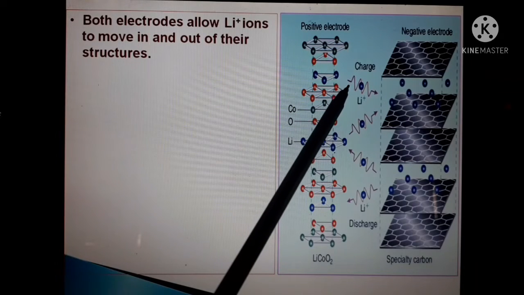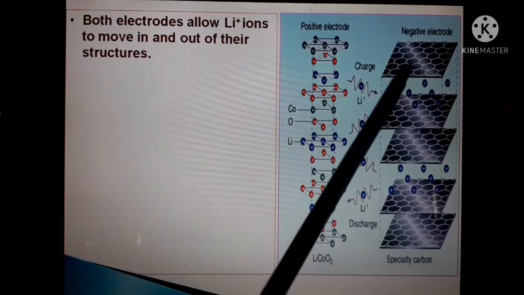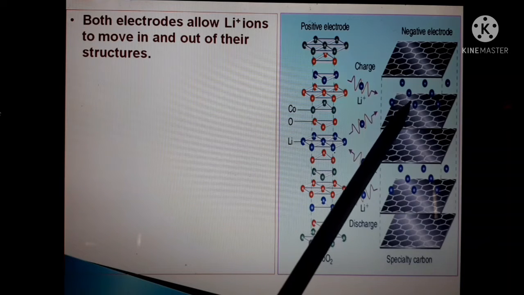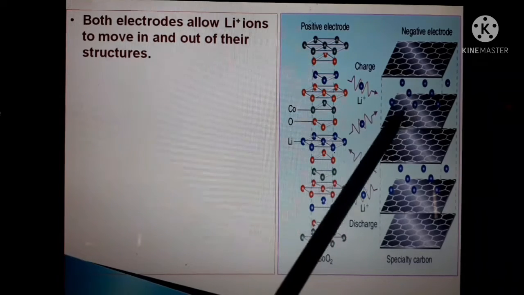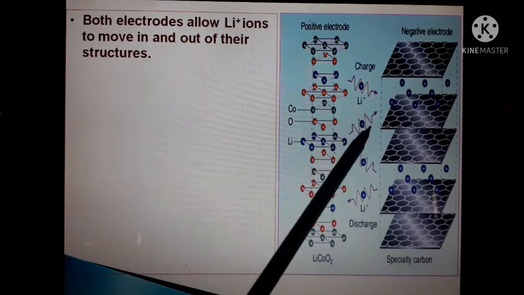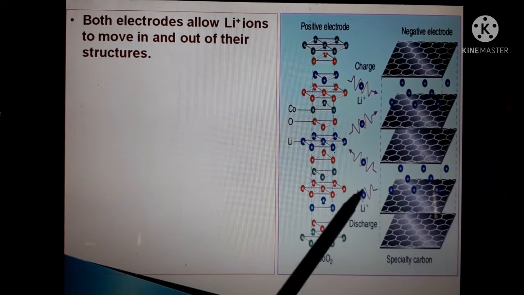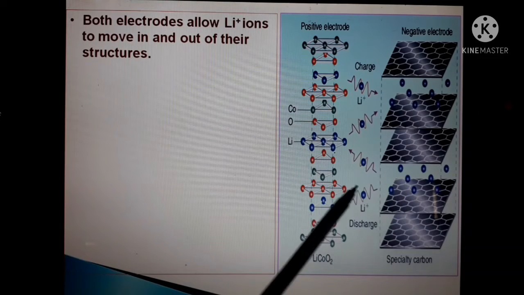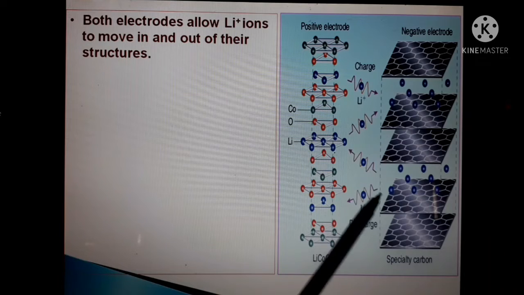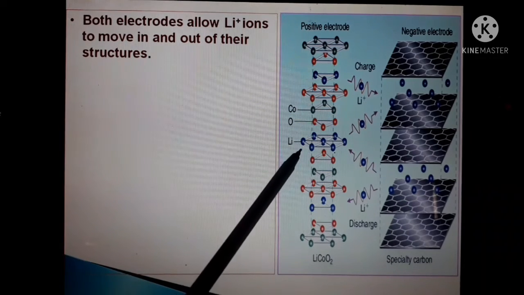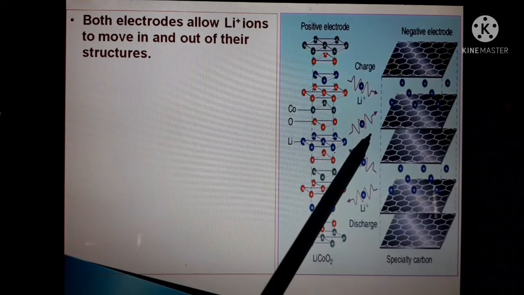At the time of charging, the lithium ions go inside the negative electrode and are placed between the layers. This is the charging time. Discharging time means using it regularly. At that time the lithium ions are released from the negative electrode and come to the compound side. This is the movement of lithium ions.